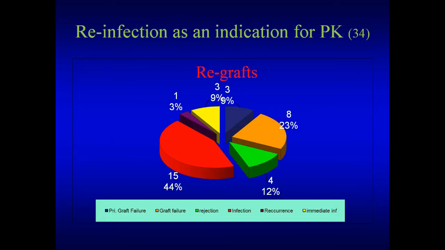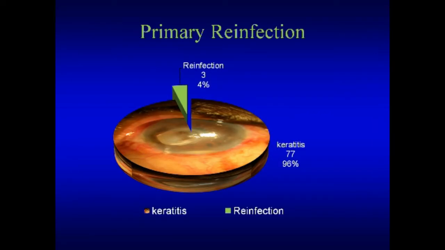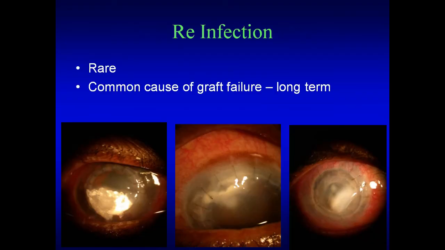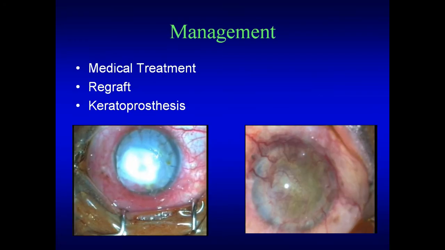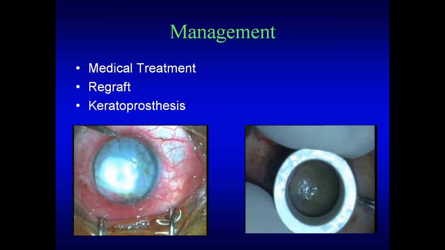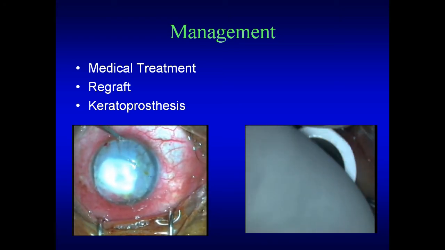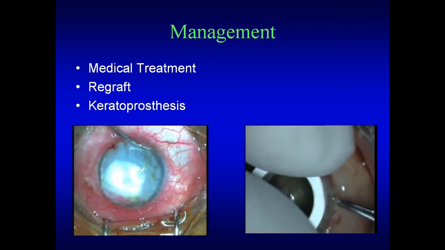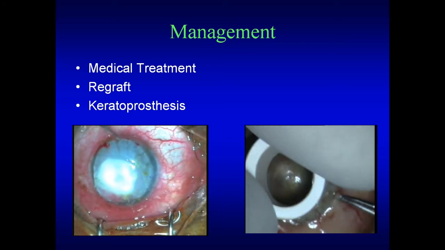Regrafts, as you can see in my old data, primary reinfection of the graft is extremely rare, hardly just 4% of the cases, and it's even less now. And of course, when you have to manage this, most of the time you need to do regrafts. Sometimes, if they don't work out, you have to go as far as a keratoprosthesis in some of these cases.